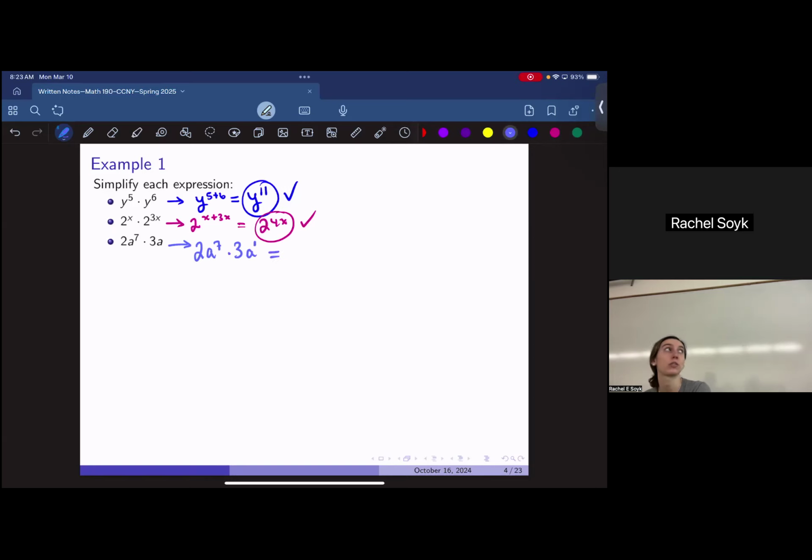What do we do to the coefficients here? Do not add them. What operation are we utilizing? Multiplication. So what's 2 times 3? 6. And then we go to adding those exponents. a to the 8.